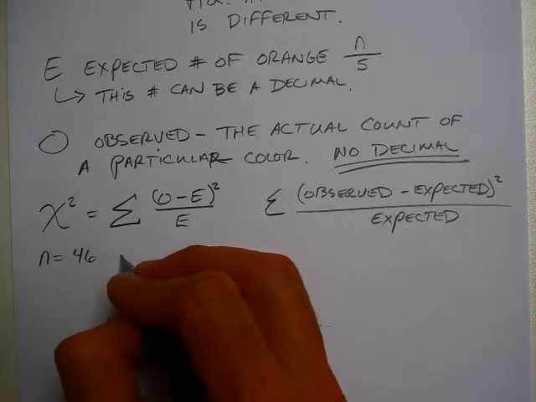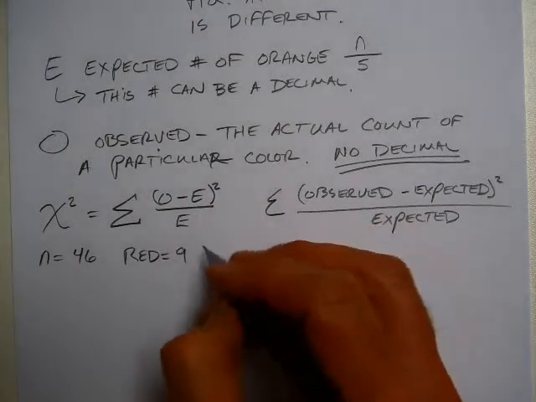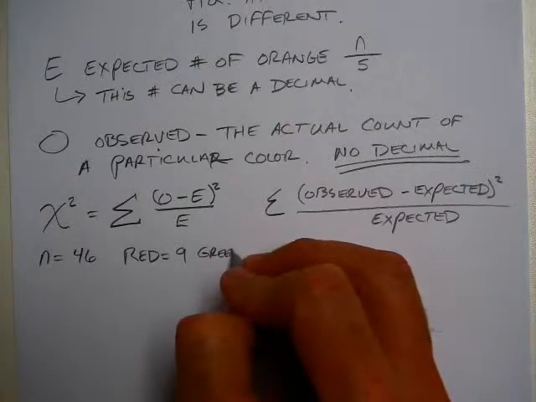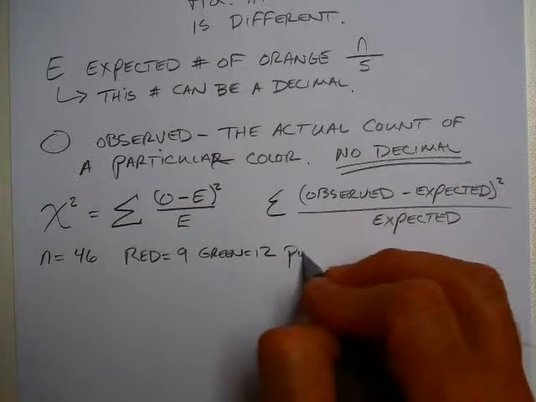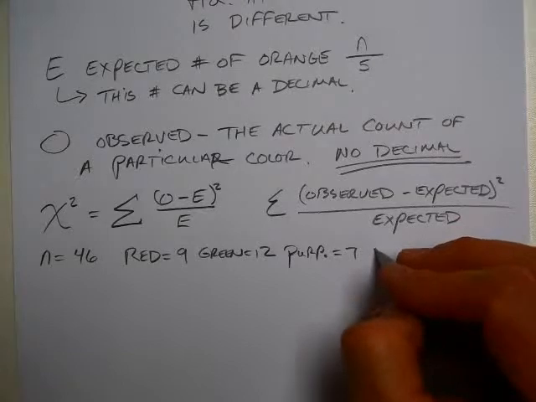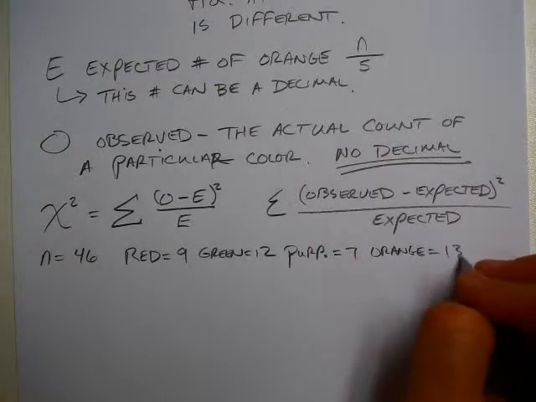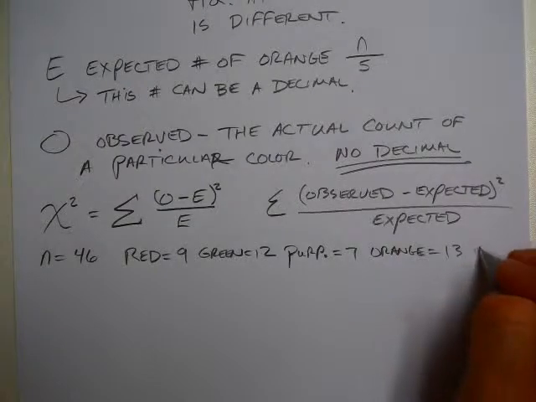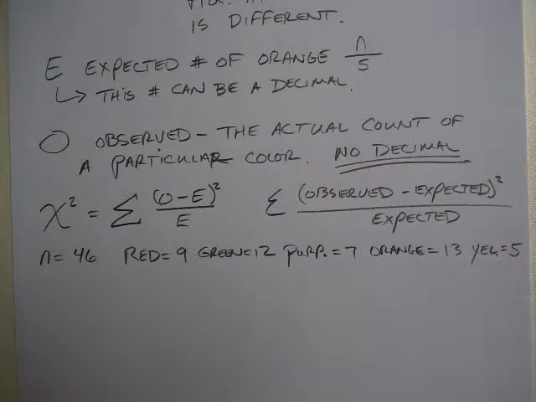And I had reds 9, green, and use your own numbers. So mine were 9, 12, 7, 13, 5.